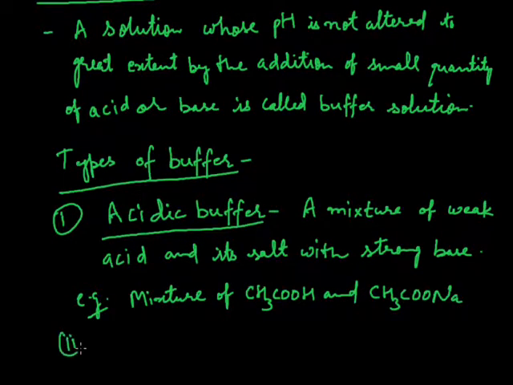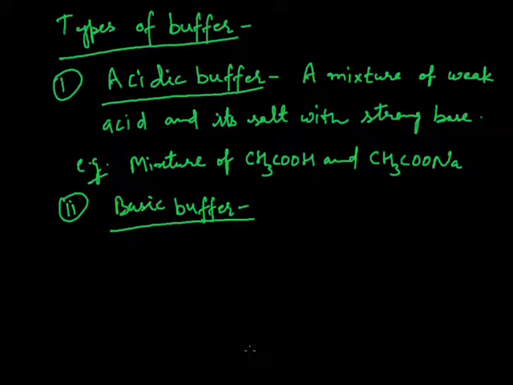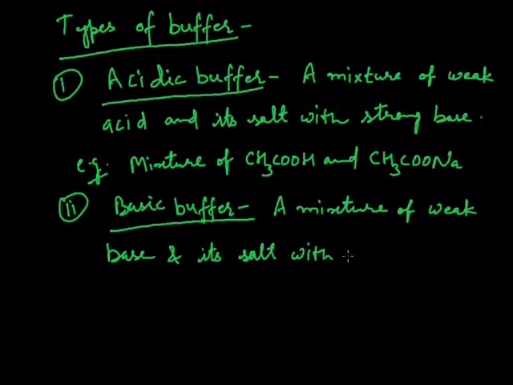Another type of buffer is basic buffer. A mixture of weak base and its salt with strong acid is called basic buffer. The example is mixture of sodium hydroxide and sodium chloride.